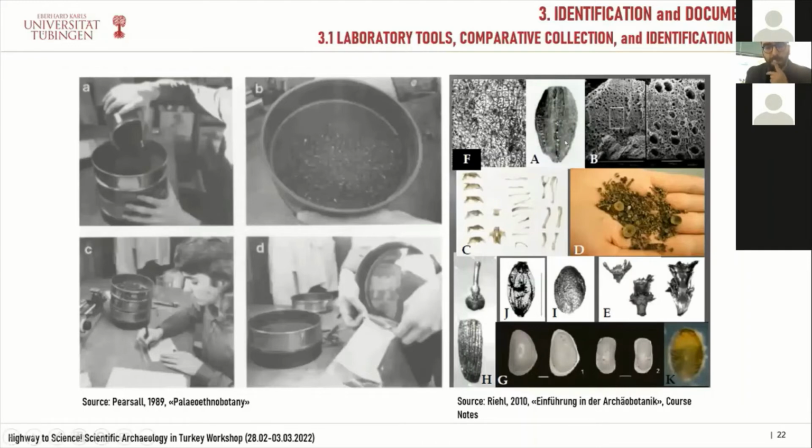This is barley. Or you can collect big-seeded wheat seeds. You can also collect some shell remains, or there could be some little bones as well. So this is the reason that the first thing we do before we start analyzing the plant remains is to divide them into different fractions.